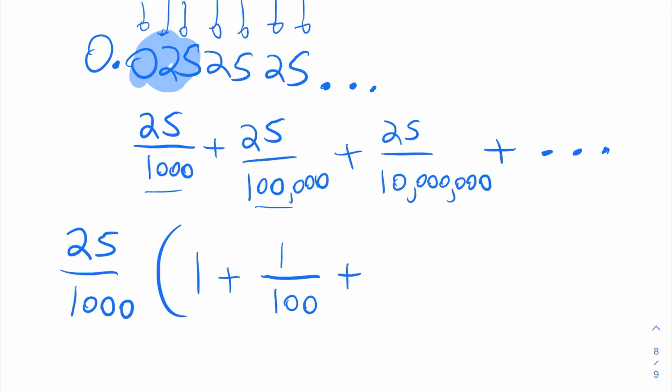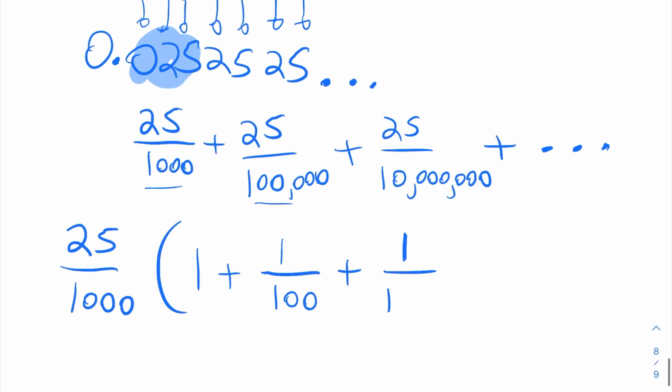The next one would be 1 over 10,000, and then you continue on like this forever.